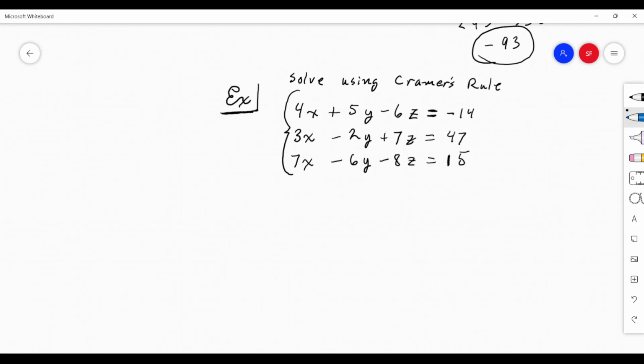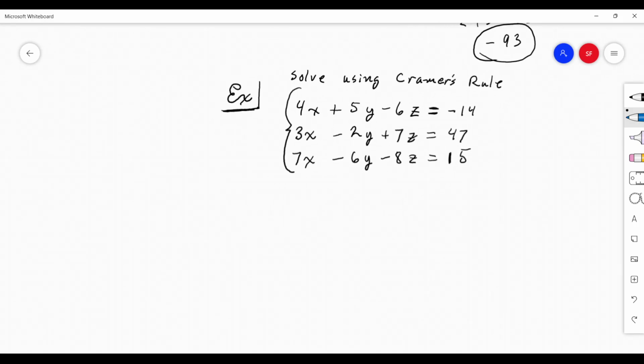So the first one, we're going to find the determinant of 4, 5, -6, 3, -2, 7, 7, -6, -8.